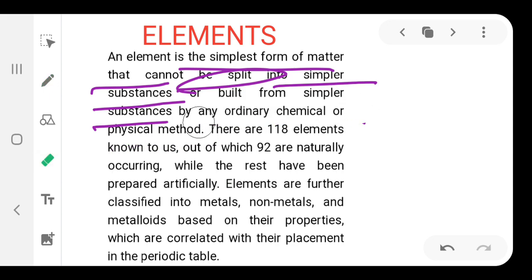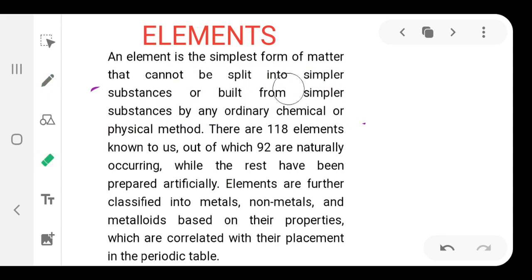So these elements are the simplest form of matter that can't be split up into smaller particles or substances by any of the ordinary chemical or physical methods. Okay, for that we need special techniques.